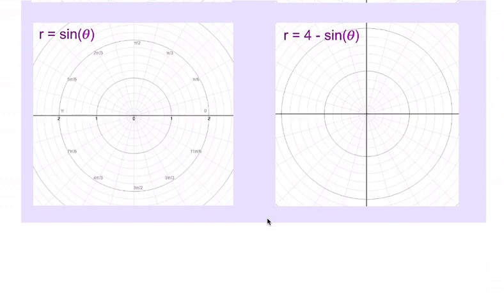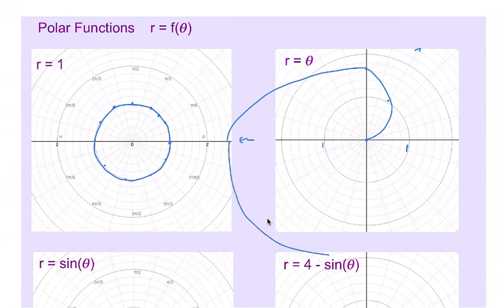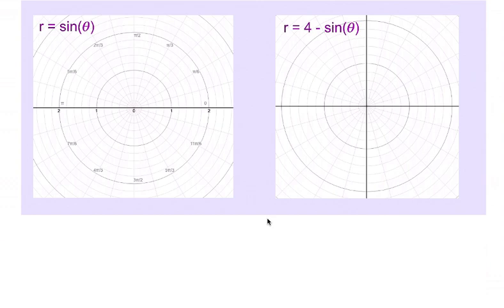Quick look at one or two other functions. So this one, r equals sine of theta. What's going to happen here, because sine is a periodic function, it gets bigger and smaller and bigger and smaller, going between 1 and -1, unlike the one we graphed up here, where the graph just keeps getting bigger and bigger, this one will actually form a repetitive cycle.